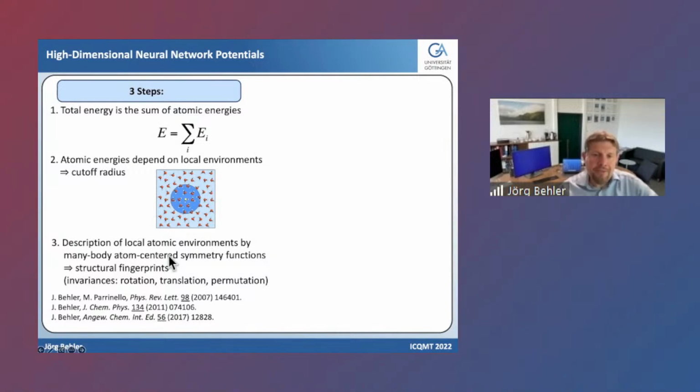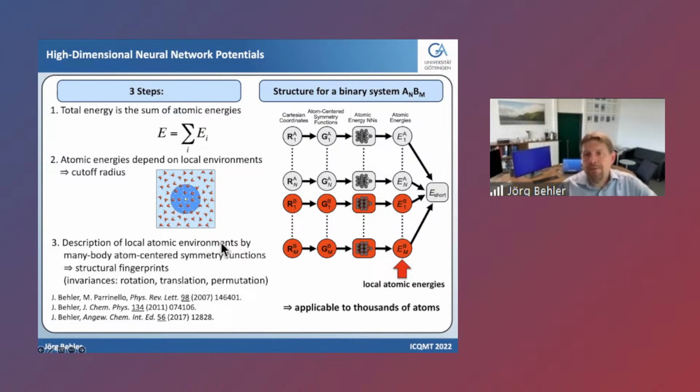And then the task is to describe the positions of all the neighboring atoms inside here by many-body descriptors as a suitable input, having all these invariances with respect to rotation, translation, and permutation, and in our case we use atom-centered symmetry functions. Nowadays there are many other alternative descriptors available. And this is what such a high-dimensional neural network potential for a binary system looks like. For each atom, there's one line in this neural network.